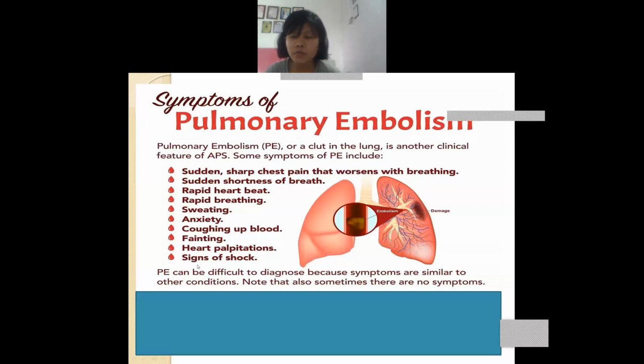So signs of shock. Why will signs of shock occur? Shock usually occurs because there is less blood circulation in all the parts of the human body, right? So that's why shock might also occur because of this pulmonary embolism.